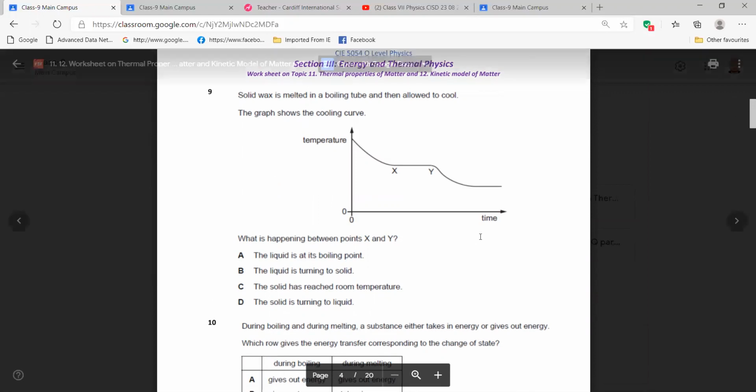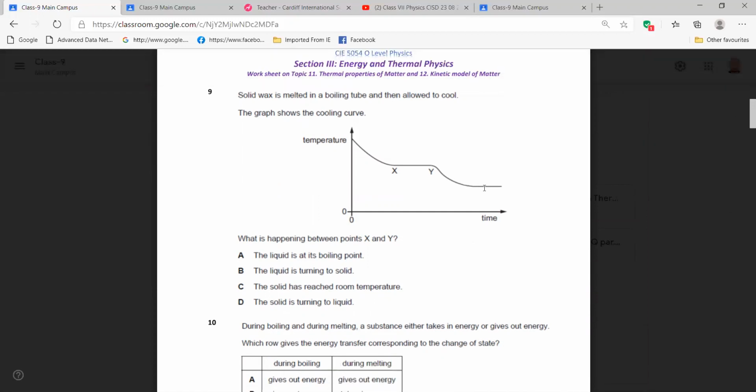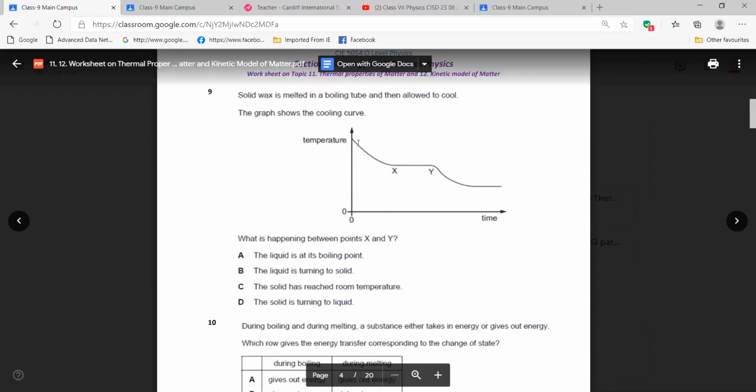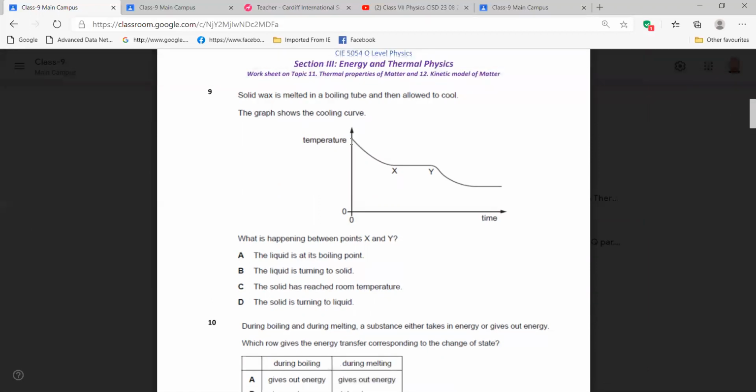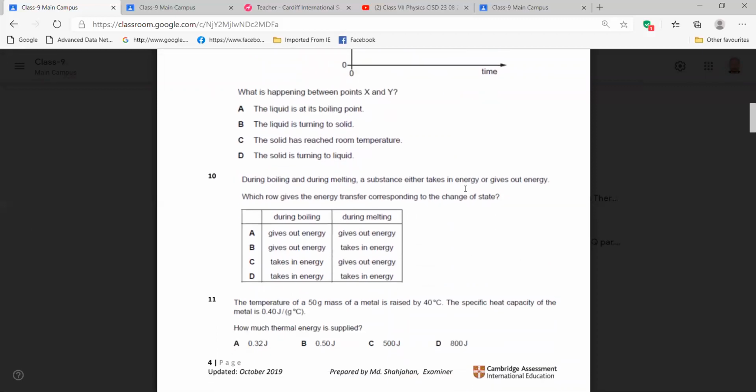For example, it is your room temperature, but when it is melted, for example, it was 60 degrees Celsius. Then at 50 degrees Celsius, it becomes solid. Then it turns to its room temperature. Is it clear now? If you have any queries, you should ask me. No problem, I will explain to you.